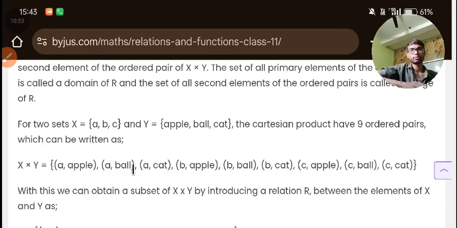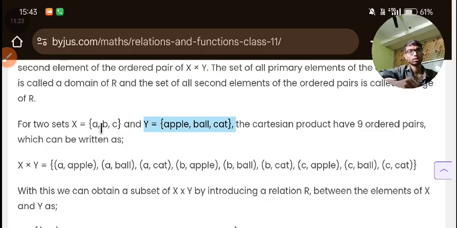For two sets, we have two sets, and here we have another set. Y is the set that has apple, ball, cat. The Cartesian product has how many ordered pairs? The Cartesian product has 9 ordered pairs.